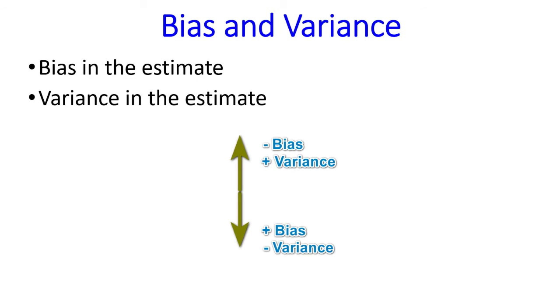The prediction error for any machine learning algorithm can be broken down into so-called bias error and variance error. Variance is the amount that the estimate of the target function will change if different training data are used.